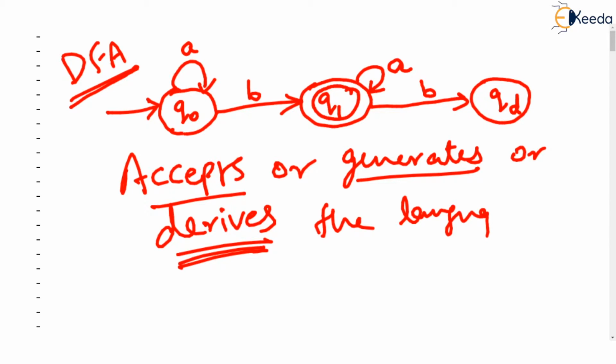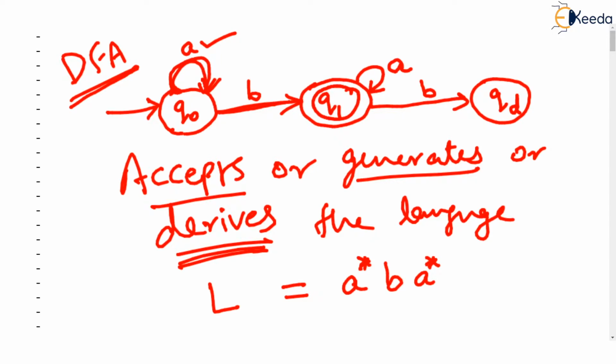The language L can be described as all the strings of the form A star, B, A star. I'm not going into the details because it is clearly visible that all the strings have 0 or more A's, look at this loop for A, followed by a compulsory B, and then 0 or more A's.